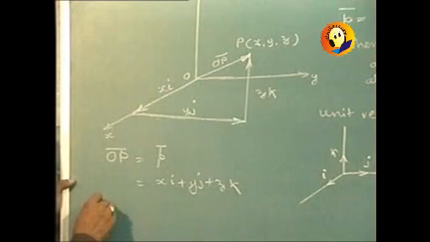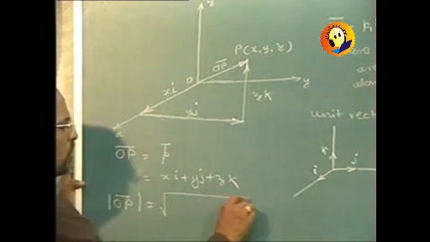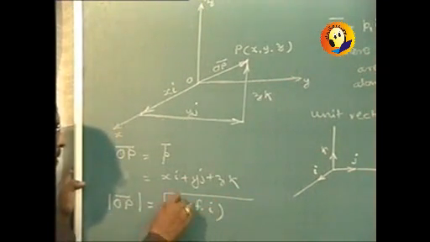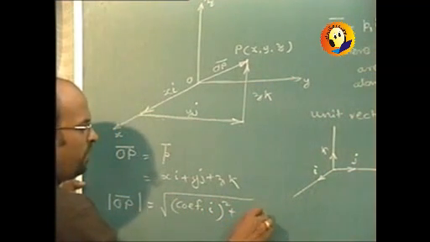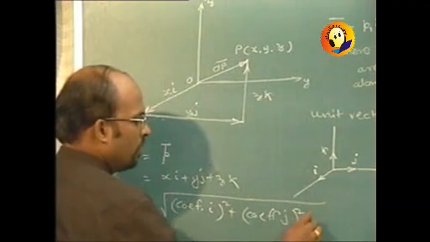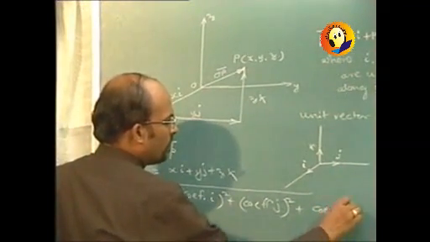Now the magnitude of the vector is nothing but the square root of the coefficient of i squared plus the coefficient of j squared plus the coefficient of k squared.